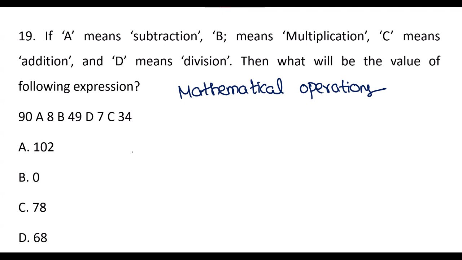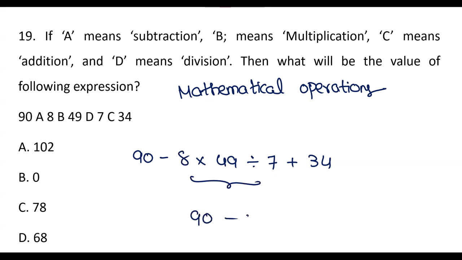If you observe this, as per the question, A means subtraction, B means multiplication, D means division, and C means addition. Right, so division and multiplication are both masters, whenever multiple operations are there. So 90 minus 56 plus 34.